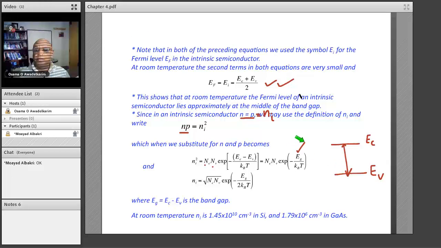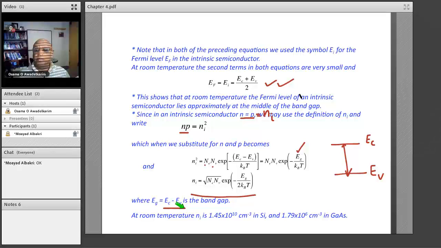So the intrinsic carrier concentration, which is equal to the electron concentration or hole concentration, is given by this expression. It is the square root of Nc times Nv times exponential minus Eg over 2 kBT, where Eg is the difference between the bottom of the conduction band and the top of the valence band.